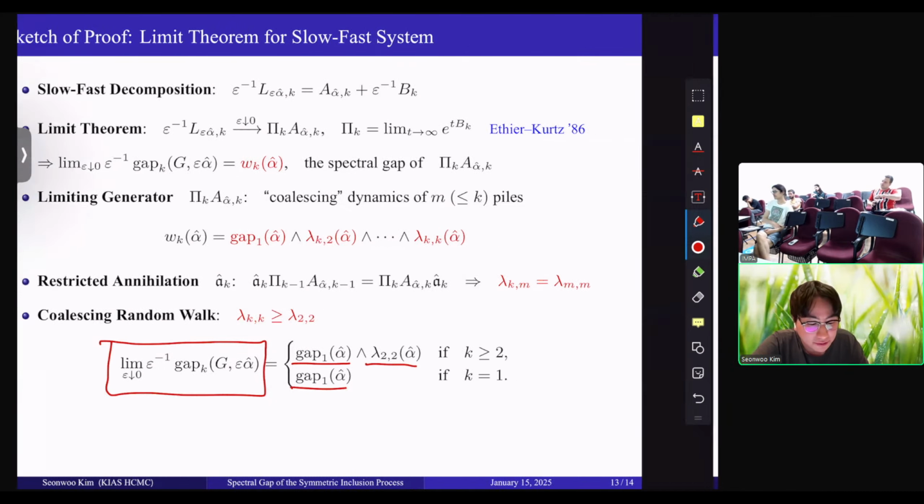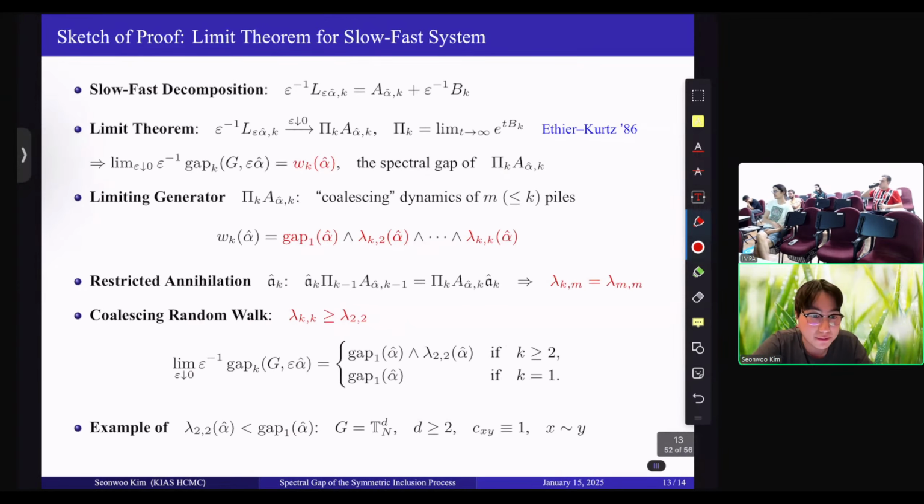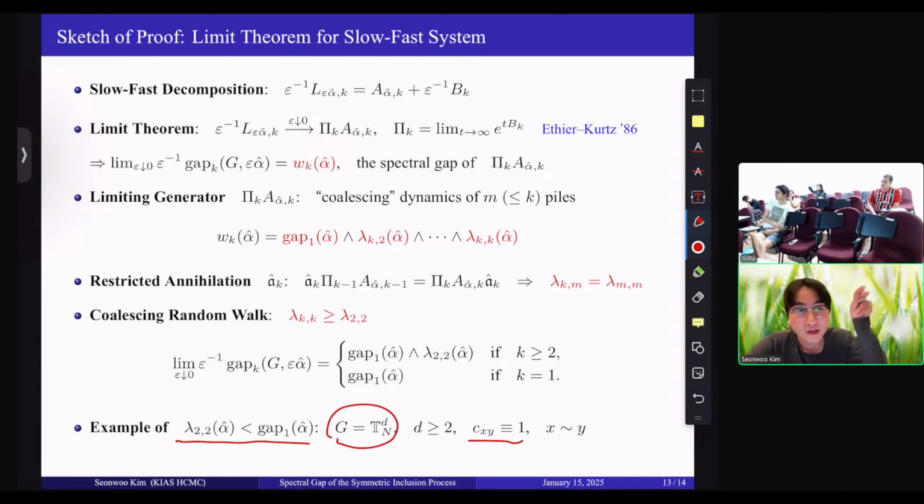And now it's quite easy to construct a counterexample. As Clement asked me, for the counterexample it suffices to find an explicit graph such that there's a strict inequality here. And this is exactly as I mentioned: you can take any torus of size n and dimension d, where d should be bigger than or equal to 2. And c_{xy} is just the constant conductance for all neighboring edges.